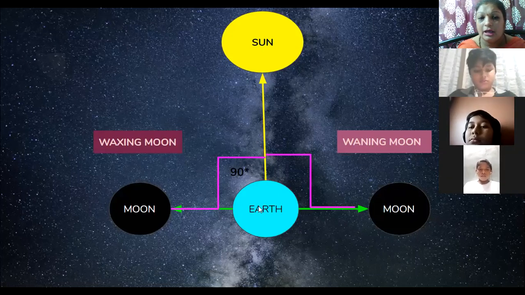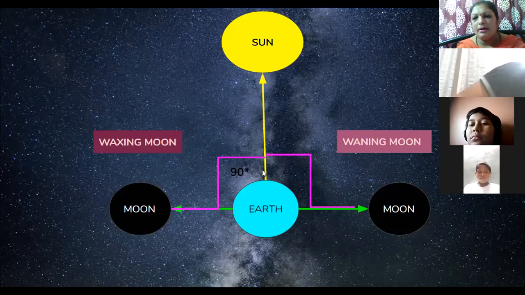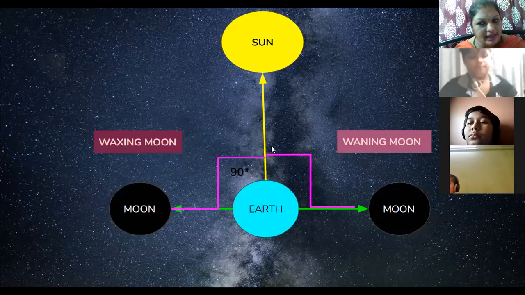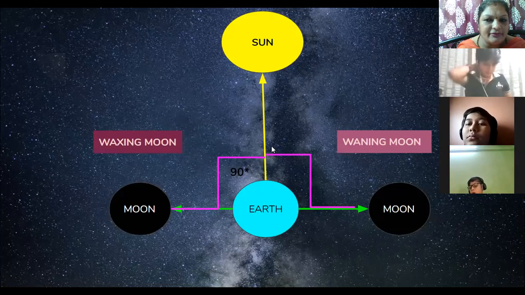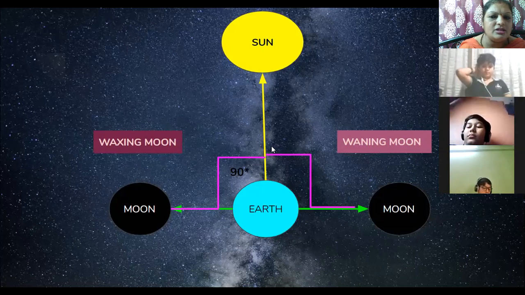Now it's done. Okay. So remember, when it is a new moon day, the angle made by the moon is 0 degree. When it is a full moon day, the angle made by the moon is 180 degree.